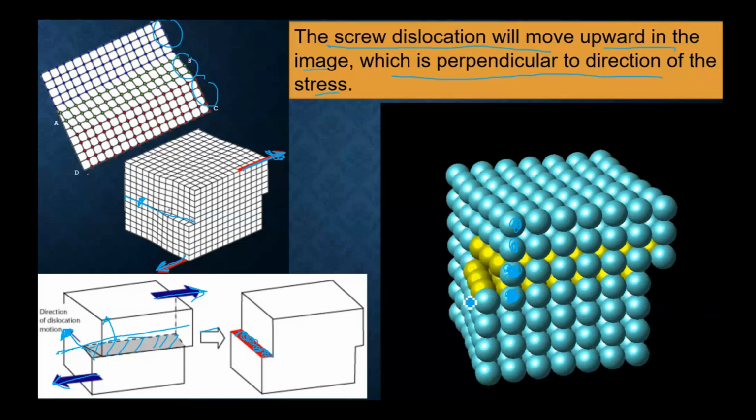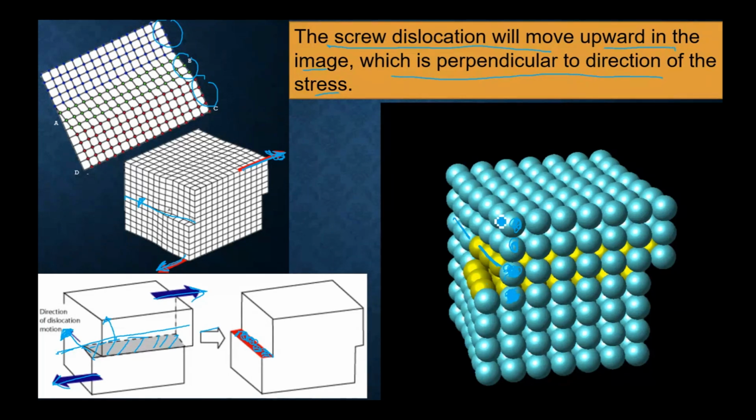If you look at these golden or yellowish atoms, these three atoms are in the process of movement. They have not acquired new positions, they are in the process of movement. And these are essentially located at their original position at the moment.